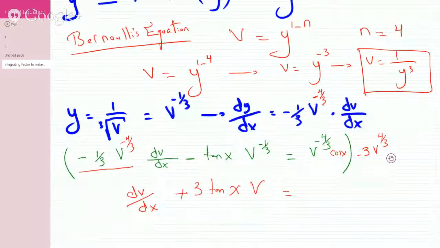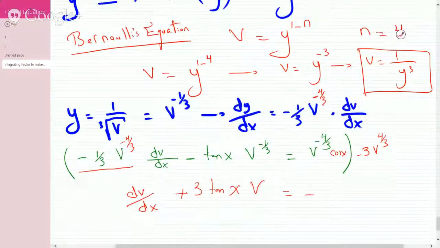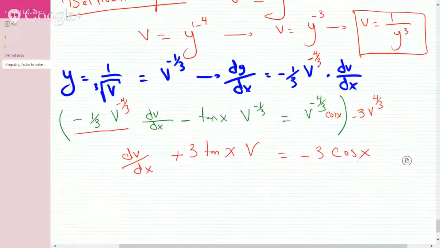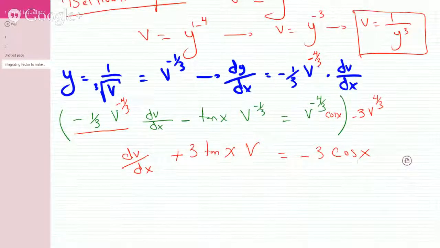Okay, so when we do this, we get minus 3 v to the minus 4/3 times v to the 1/3 is v to the 0, which is 1, so we just get here minus 3 cosine x. And now we can do this using an integrating factor.